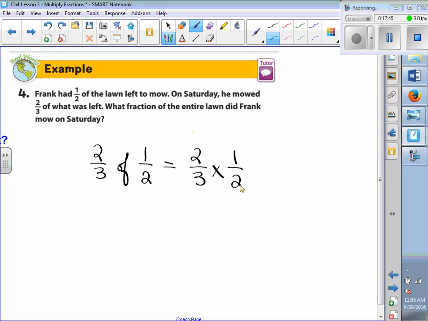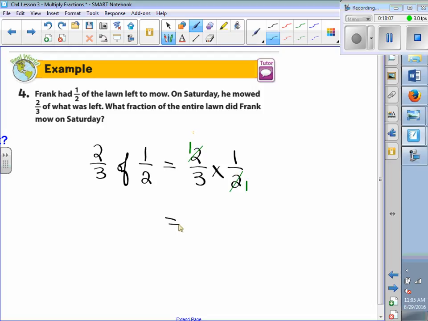You with me? Now, can I simplify before I multiply? Yes, we can. The 2's, right? So 2 divided by 2 is 1, and then down here, 2 divided by 2 is 1. You see that? And now we can multiply straight across.